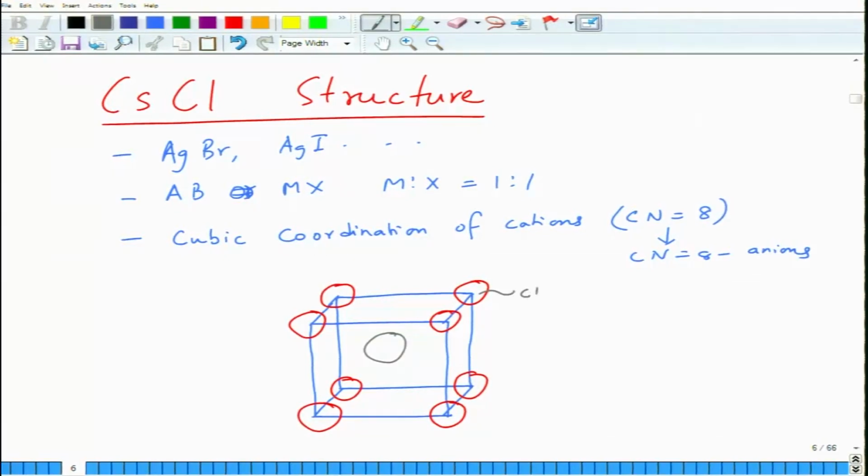So this is chlorine, this is cesium. Of course, when you make the ball model they touch each other, but for the sake of clarity we have drawn them as separate.